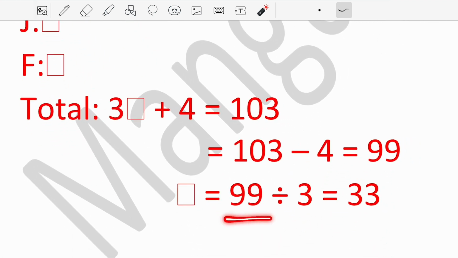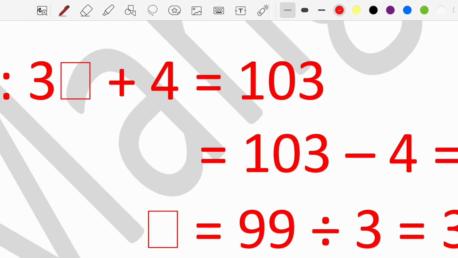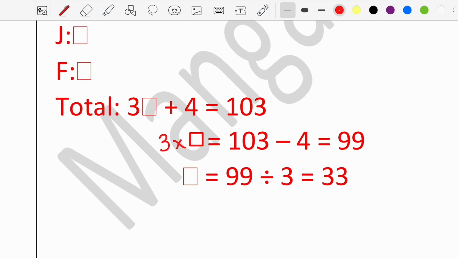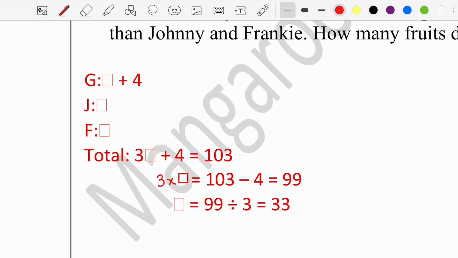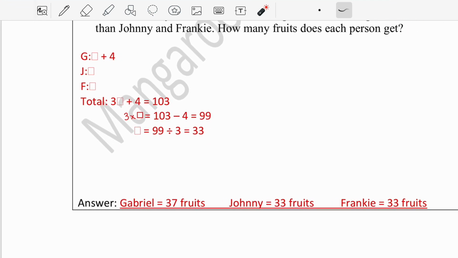And then we divide 99 by 3 to get 1 box. So that means that Frankie and Johnny will have 33, and Gabriel will have 33 plus 4, which is 37.